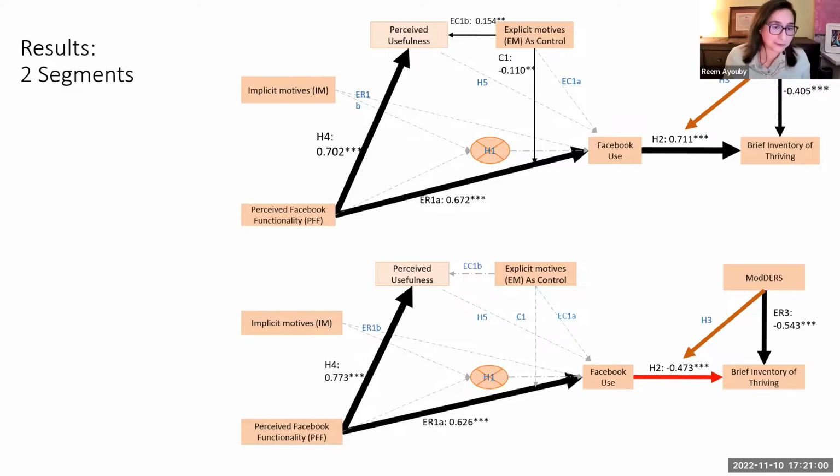What's happening before is very similar, but we can see here that the group that has positive outcomes, their explicit motives are driving their behavior a little bit and moderating it, so they don't get as sucked into Facebook use as the other group, which is in a more reactionary and emotional state.